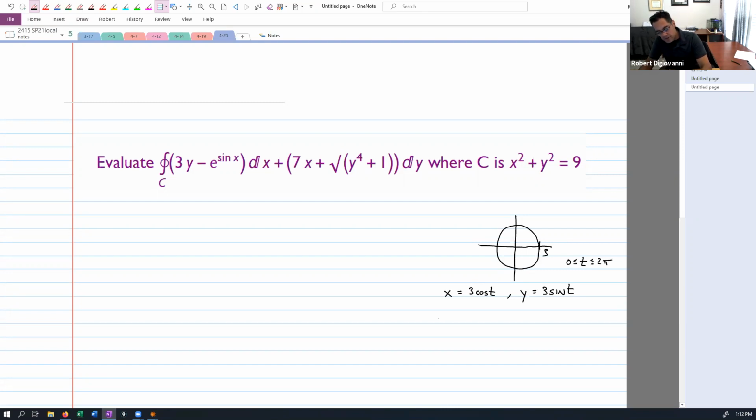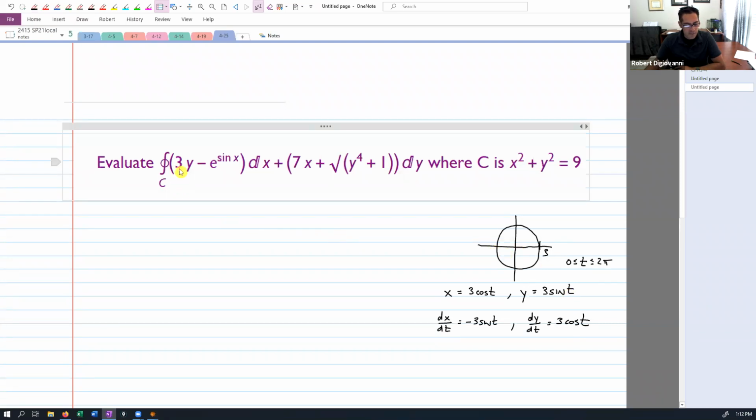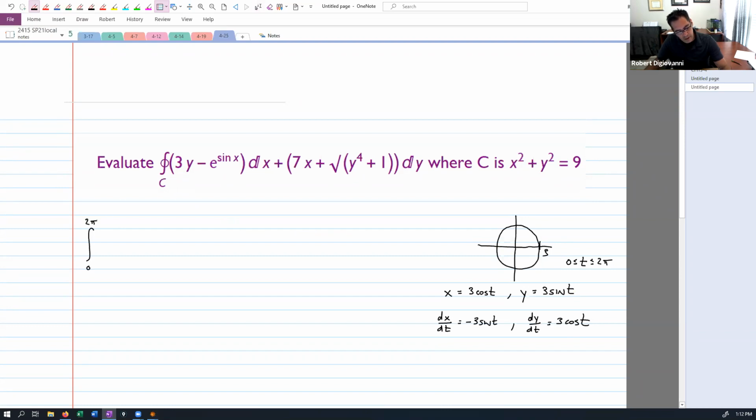I can get the derivatives of these. But now do you see what's going to suck? Do you see what we're going to have to do here? Integral 0 to 2 pi, 3 times y. So 3, let's see, y is 3 sine t.